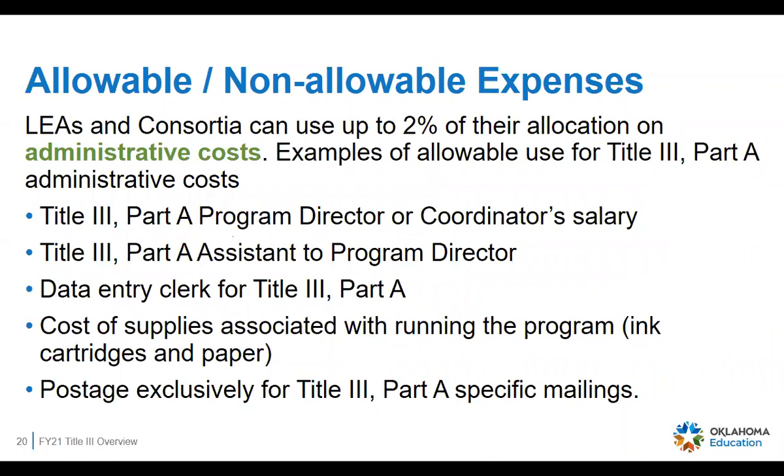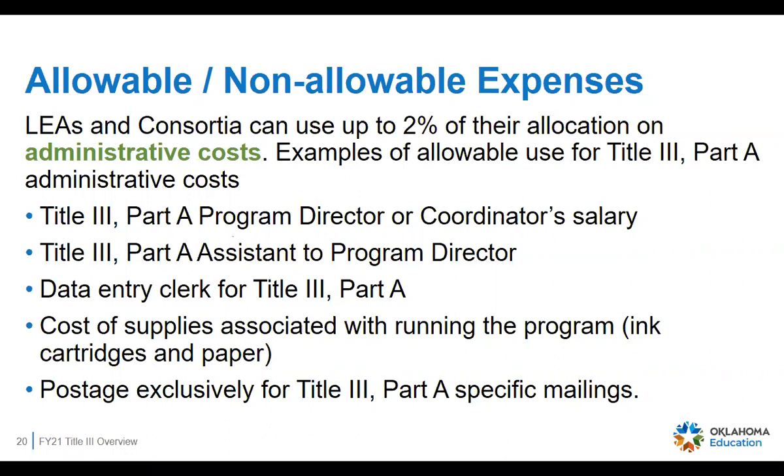We'll start with some allowable things. If you receive a Title III allocation, you can use up to 2% of that on administrative costs. Some examples of acceptable, allowable administrative costs: you can pay a program director or a coordinator's salary, or a portion of it. You can pay an assistant to the program director. You can pay a data entry clerk for Title III, although if you have a big enough EL population that you need a data entry clerk to work just with Title III.